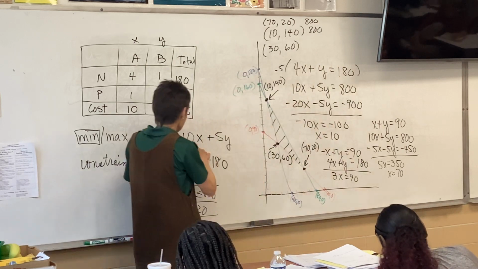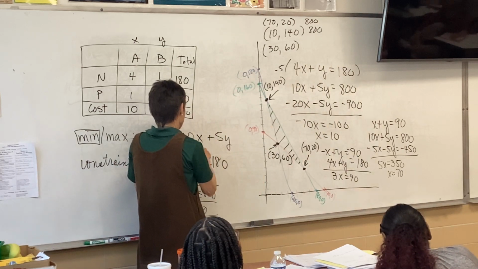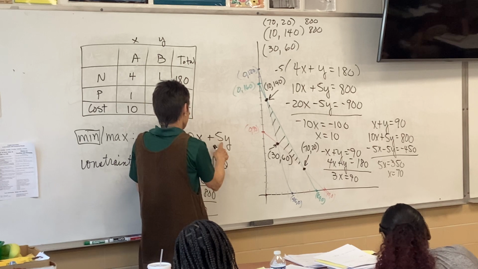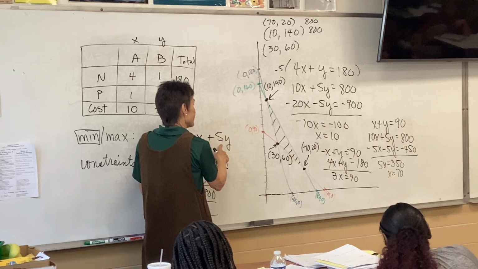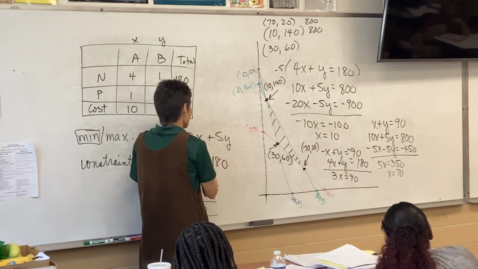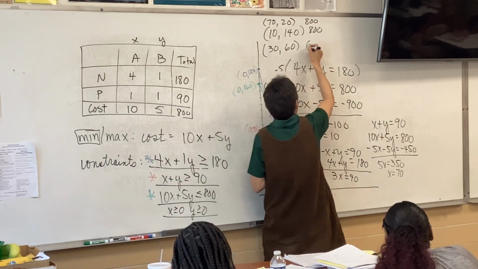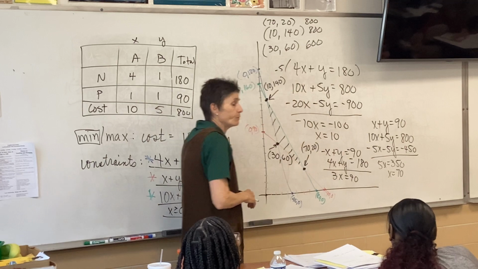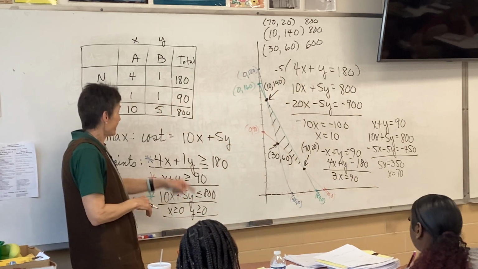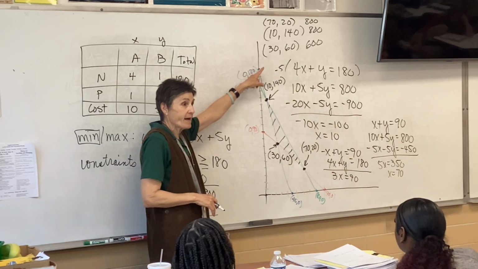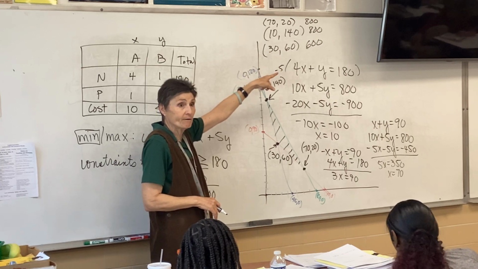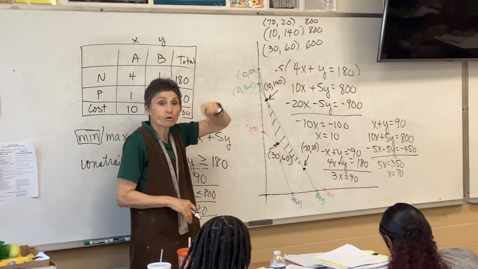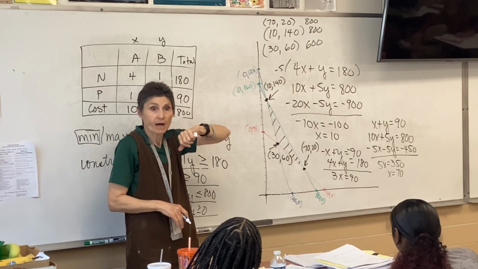What about 30, 60? Would that be 600? So what are you going to tell this farmer to do? Buy 30 bags of A and 60 bags of B, and it will cost you $600.